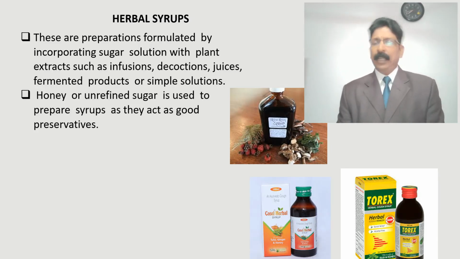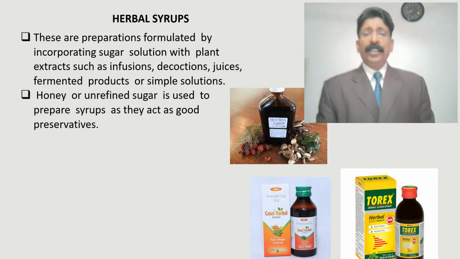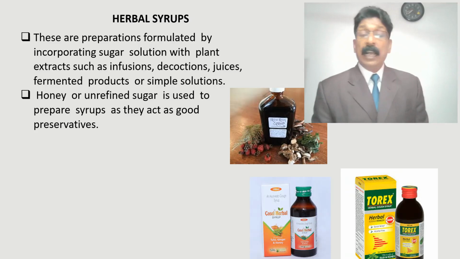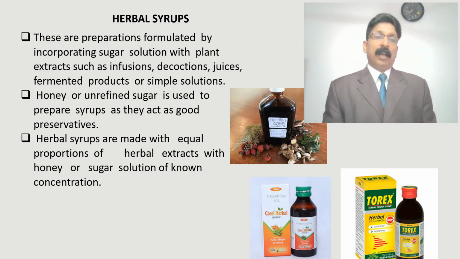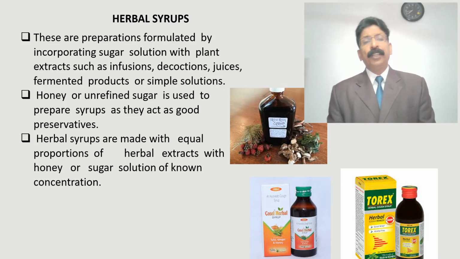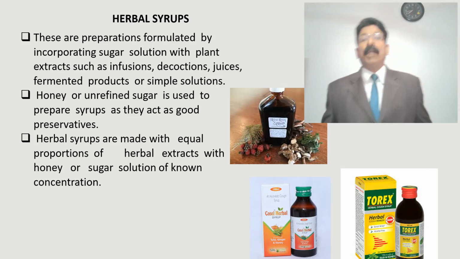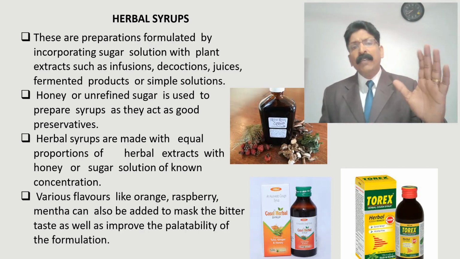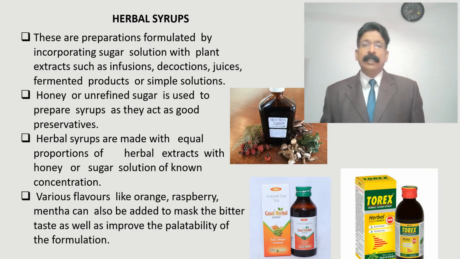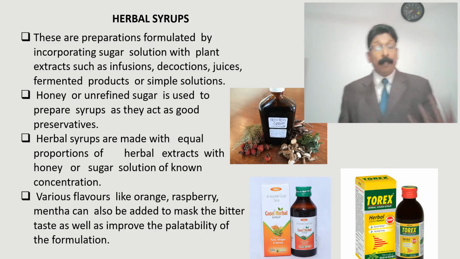Honey or unrefined sugar is used to prepare syrups as they act as good preservatives. Herbal syrups are made with equal proportions of herbal extracts with honey or sugar solution of known concentration. Various flavors like orange, raspberry, and mentha can also be added to mask the bitter taste as well as improve the palatability of the formulation.